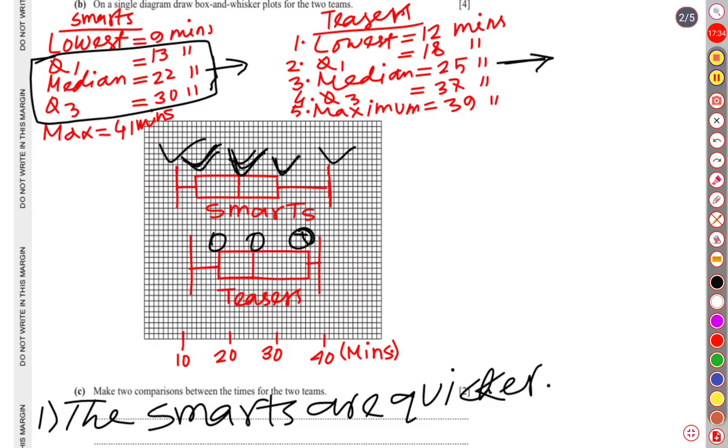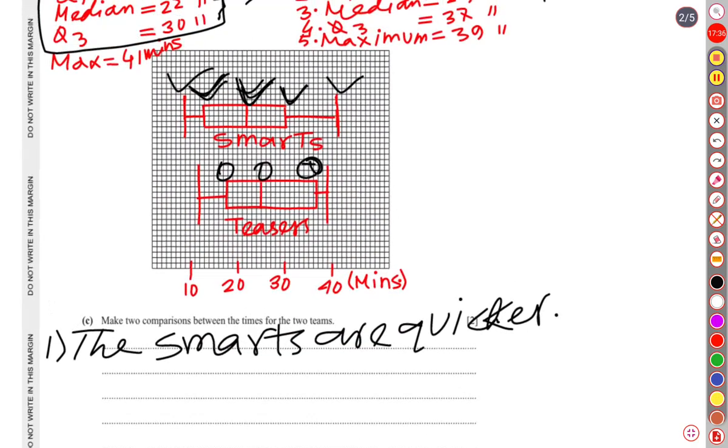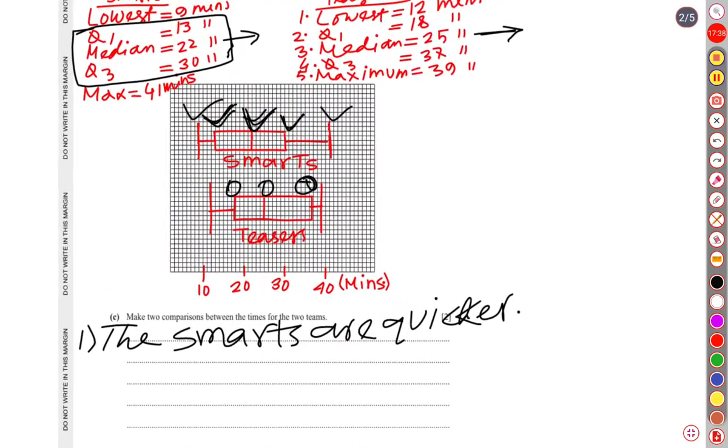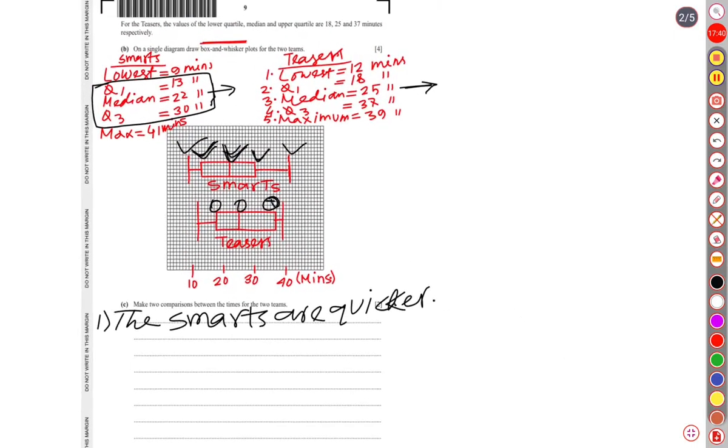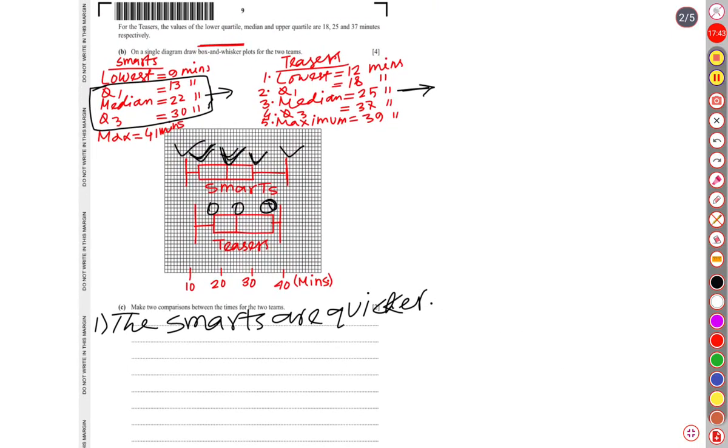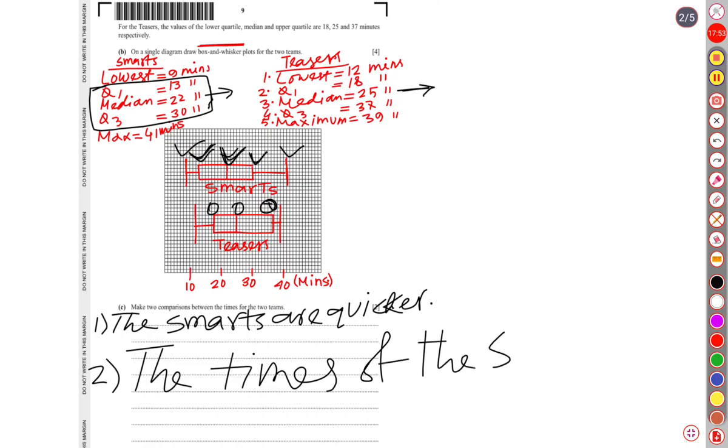So we can write: the values or the times of the smarts are more consistent.